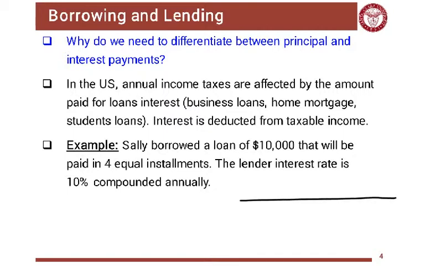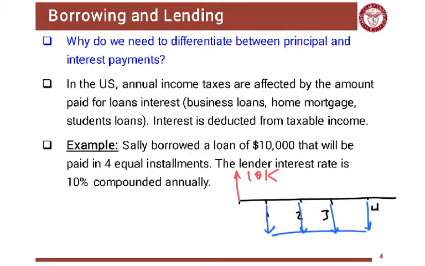So you have 4 years: 1, 2, 3, and then 4. Sally gets the first part of the cash flow, which is getting 10,000, and then the second part is paying back this 10,000 in 4 equal payments.